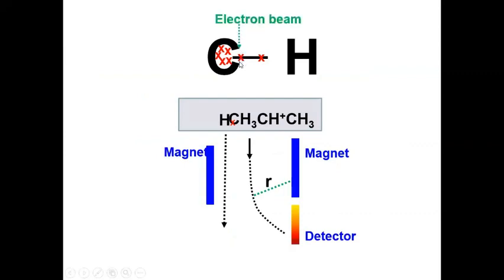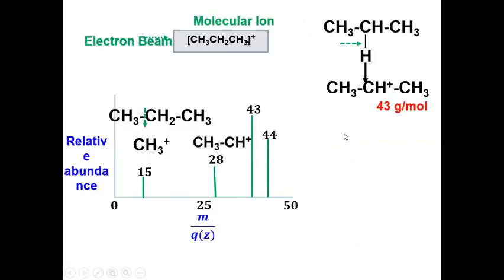Suppose this bonding electron is removed, then the hydrogen will be released from this molecule. This hydrogen with one electron is a neutral species, so it will not be detected by the detector, and we will get the CH3CH2CH2 plus fragment in the mass spectrum.